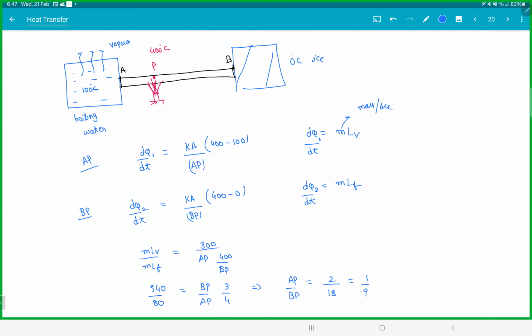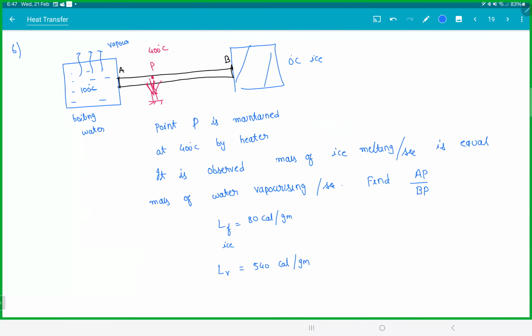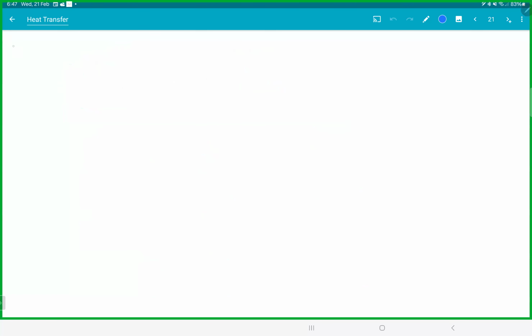Next thing. These are some theoretical questions. Let's say a metal and a wooden block are placed in a hot room. Initially, both have same temperature.